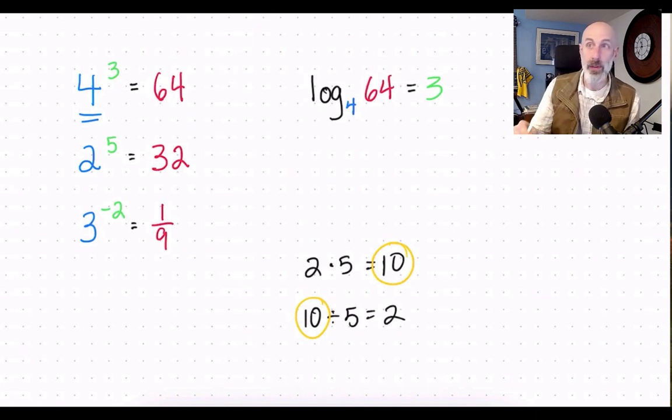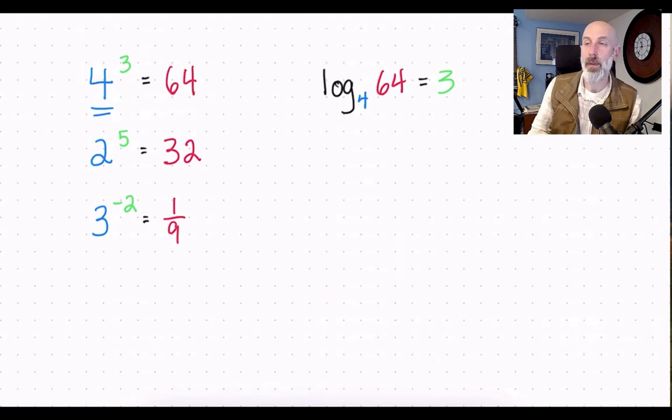Once you get the hang of it, this is actually pretty understandable, but for the first time you see it, like anything new, you're going to be a little bit intimidated. So with the color scheme that we have here, let's also rewrite 2 to the 5th and 3 to the negative 2nd as logarithmic expressions. As we rewrite 2 to the 5th power, this would be, of course, log base 2 of 32.